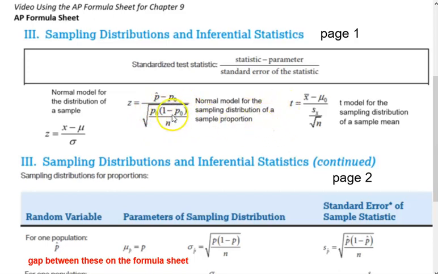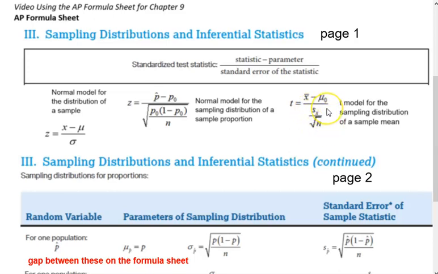And we'll talk about that more in just a minute, where that is on the formula sheet. For a t model, for the sampling distribution of a sample mean, I'm comparing x bar to mu naught, the hypothesized value for the population mean. And the standard error of the statistic is the standard deviation of the sample divided by the square root of n.